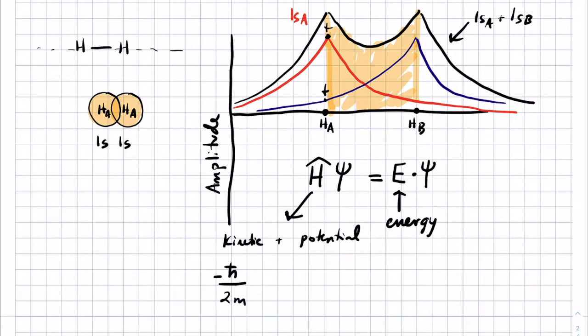Over 2 times the mass of the electron times the second derivative of the wave function with respect to space. Because electrons exist in 3 spatial dimensions, we'll also represent this for the first and maybe last time with this del operator, which just tells you the second derivative of the wave function over all space.